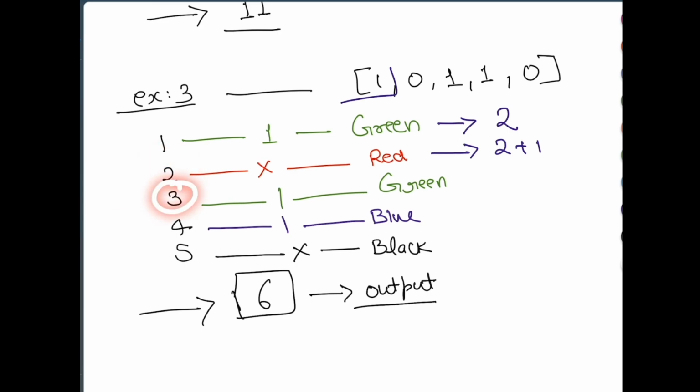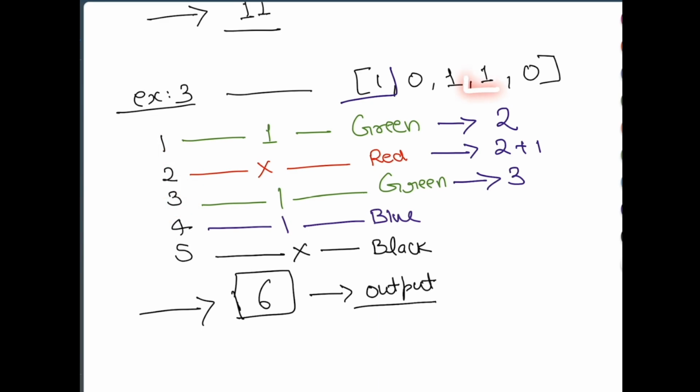So this rabbit cannot be red, right? But can this rabbit be green? Yes, it can. Because if we assign the green color to rabbit number 3, we can say that rabbit number 1 is talking about rabbit number 3, and rabbit number 3 is talking about rabbit number 1, right? So at this point of time, my answer is going to be the same, 3. We don't need to add any more rabbits in our result. We have 2 rabbits of green color and 1 rabbit of red color.